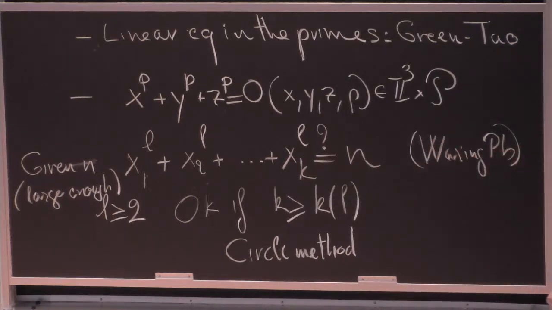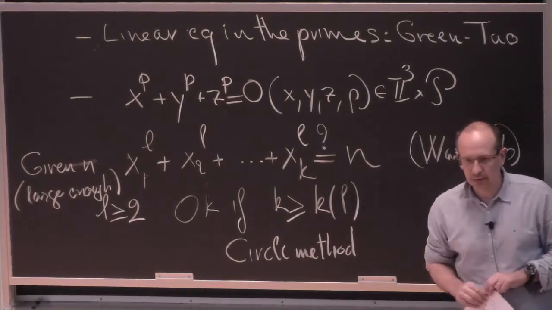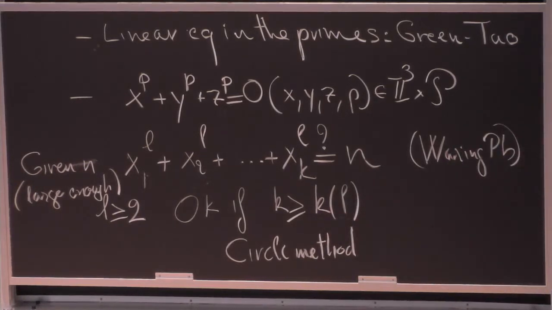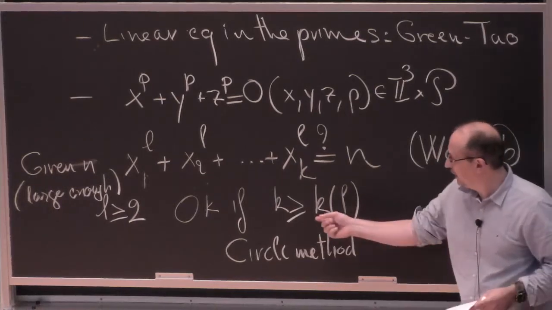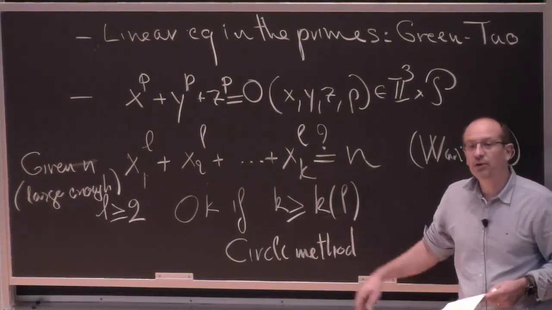You can obtain some bounds on this minimal number, and a lot of the development of the circle method came from the need to make this number as small as possible.